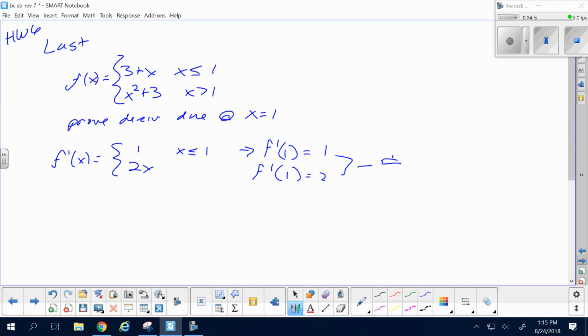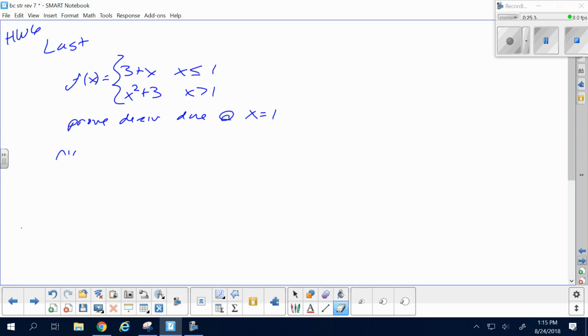Let me tell you, this would be about a 3-point question on the AP test, and you would get a 0. Nothing. If you prove anything about the derivative, you should be working from the definition of the derivative. This has nothing in the definition of the derivative in that work.